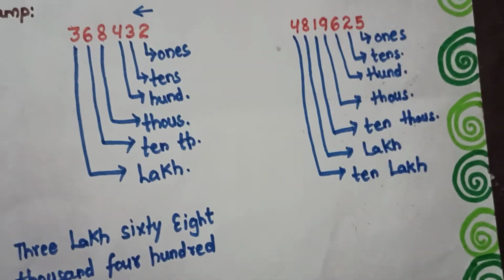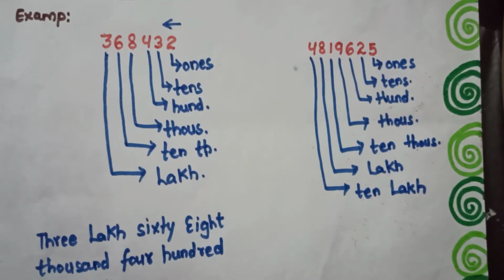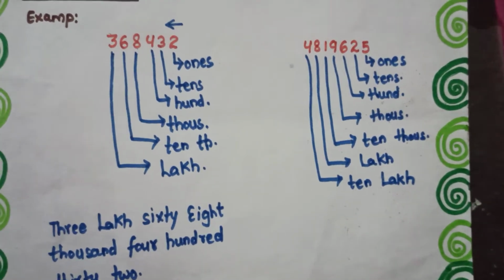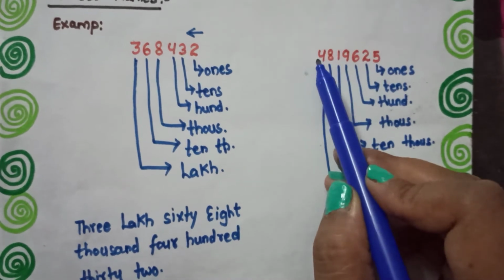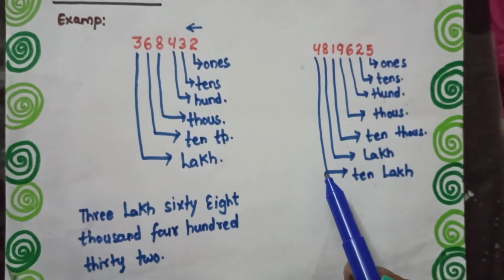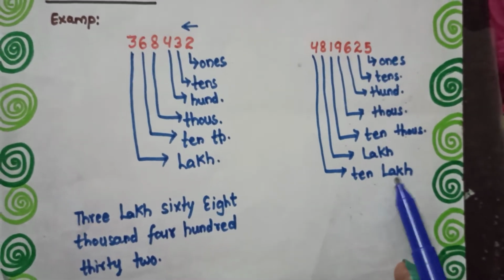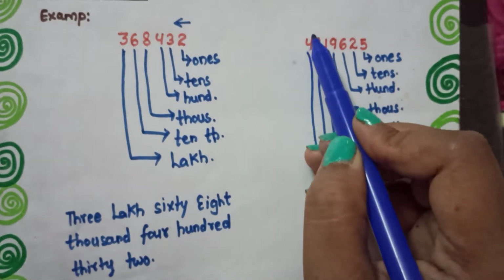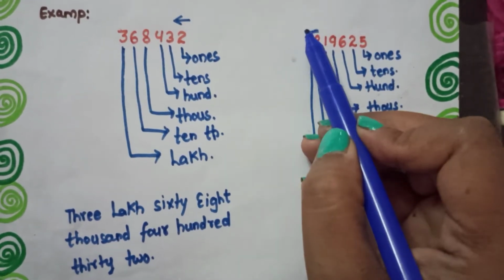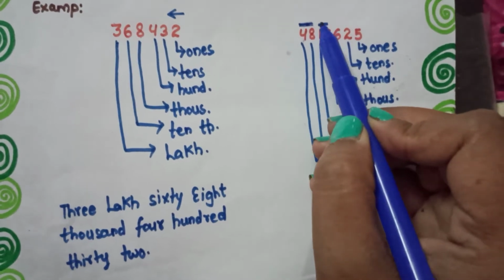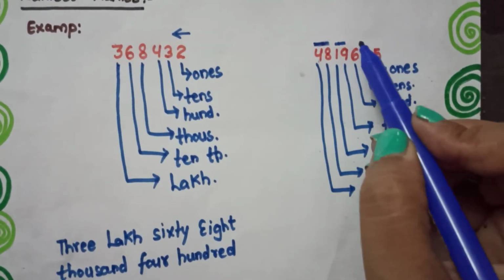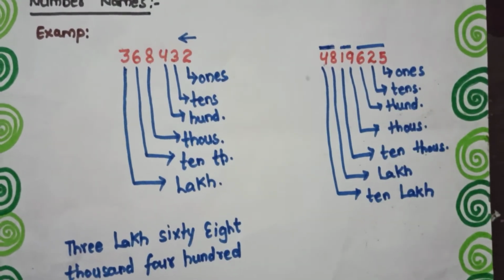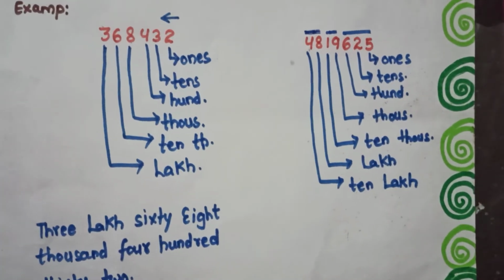So now let us write down its number name. Beginning from this side, as this number is placed at 10 lakhs place, it means we will take these two digits in one group, these two digits in another group, and these three digits in a separate group.